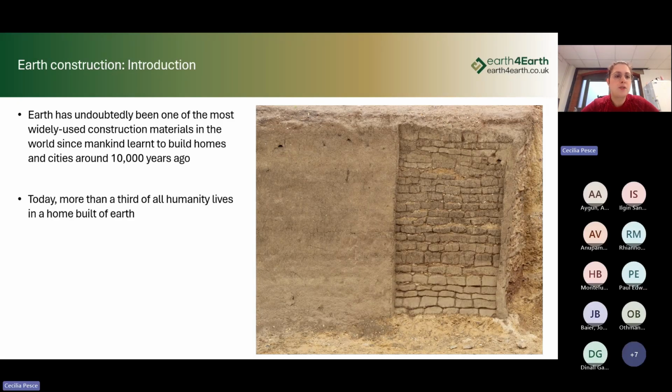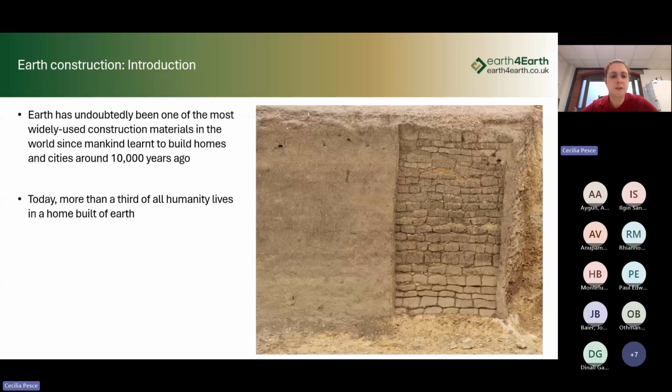It's been one of the most used construction materials by mankind, and because of its availability and immediacy of application, it's been always used by man since mankind started to build homes and settlements. And today it is quite surprising that more than a third of humanity lives in a home built of earth, from all over the geographical parts of the world.